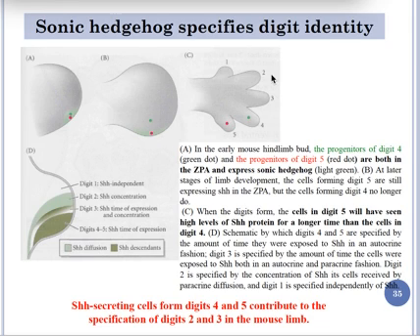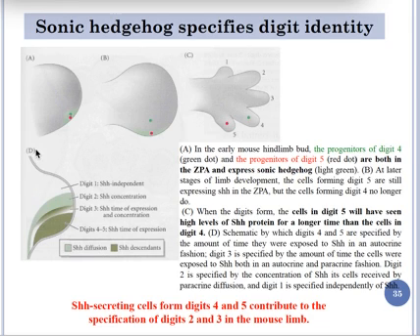So when the digits are formed, the cells in digit number 5 will have seen high levels of sonic hedgehog because they stayed longer in the ZPA zone, the zone of sonic hedgehog expression. So they have seen high levels of sonic hedgehog for a longer time than the cells in digit number 4.